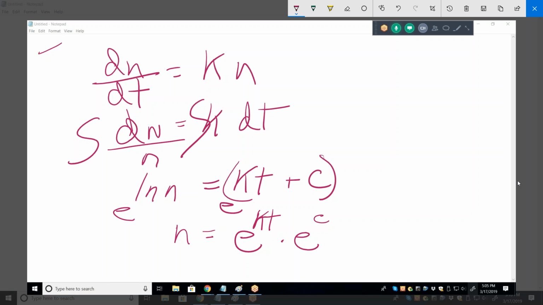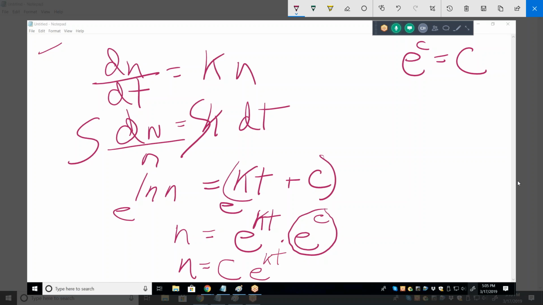Well, this is where I start with the exponents being added and turn it into multiplication. And the advantage of that is e to the c is just an arbitrary constant. So I can let e to the c be equal to c. And what that causes is the c to be multiplied. I'm going to put it in front, and you get this.